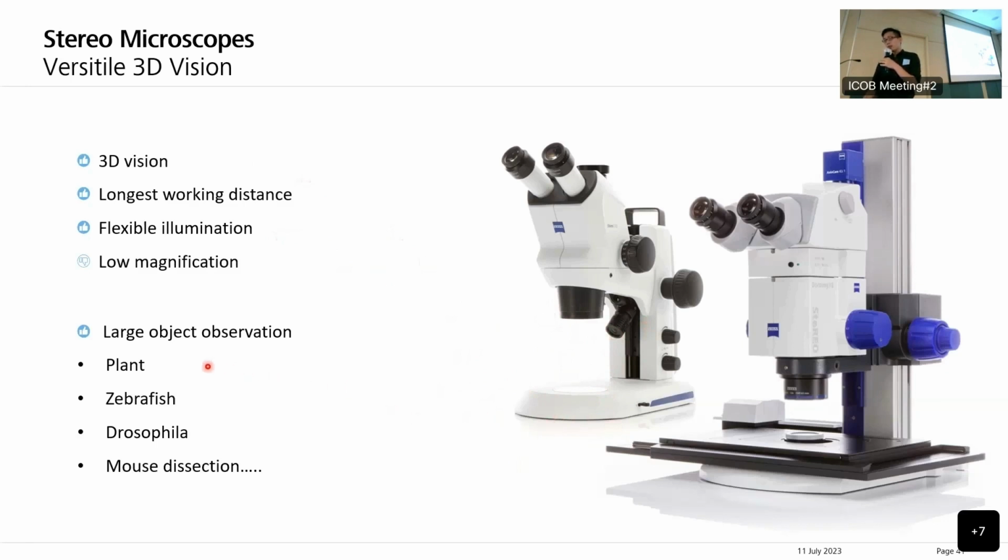So we just mentioned we can use these stereo microscopes to observe plant samples, maybe if you want to do wood sections, or to observe zebrafish, sorry, and some other much bigger samples, also Drosophila. Because for this kind of experiment, they usually do some pre-treatment before they do the further high resolution imaging.